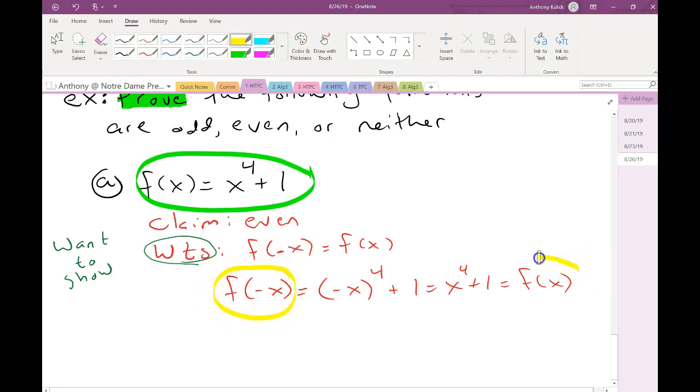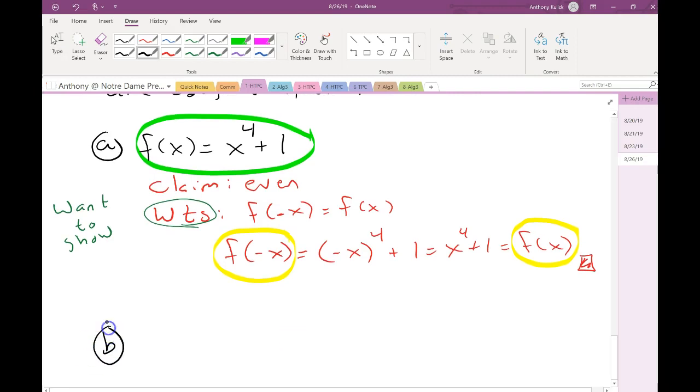F of negative x equals f of x. So it's even. So that line of algebra is all you needed for our proof here. Everybody okay with that?